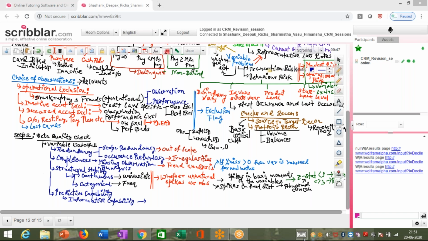Okay. So the informative capability of a variable is identified using the information value.